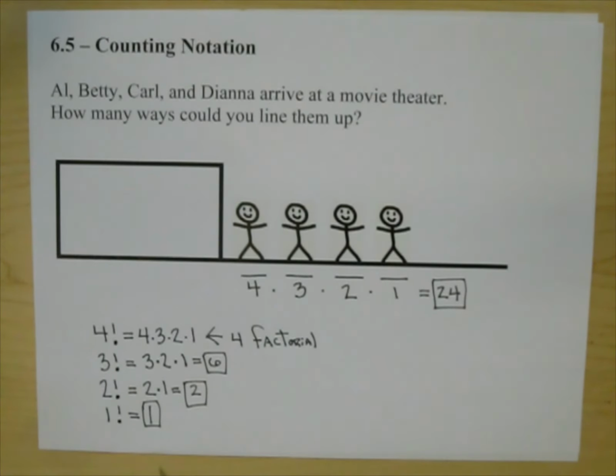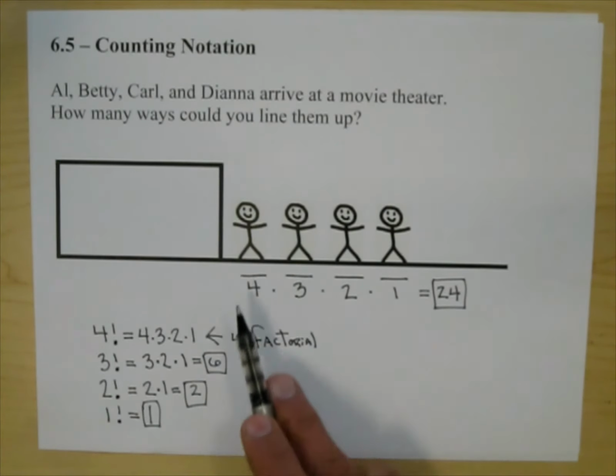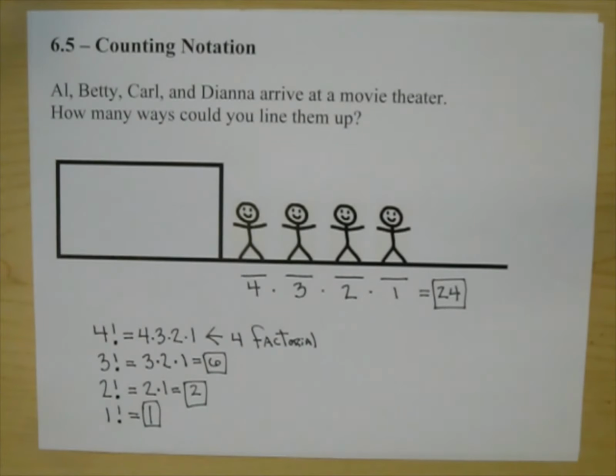And so that tells you how many ways you can line up just one person, which is Al. The one way is you put Al there. So there it is, 1 factorial.